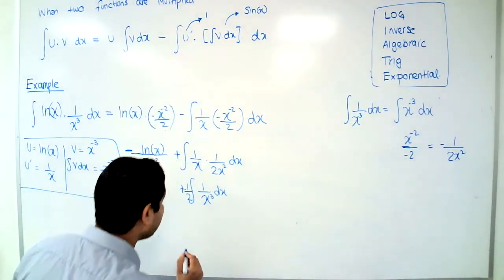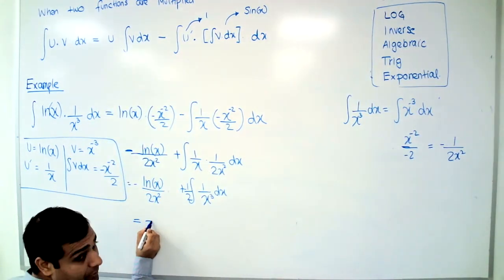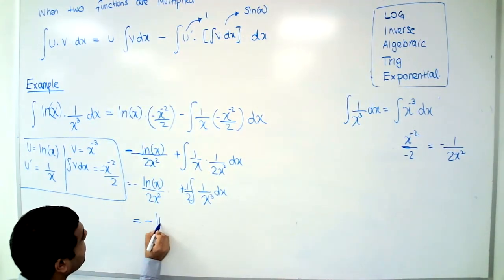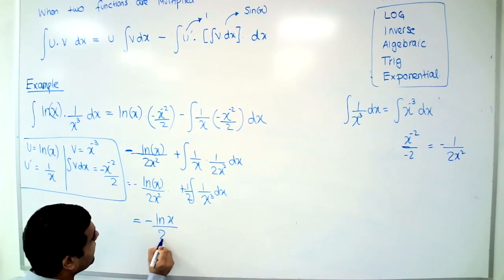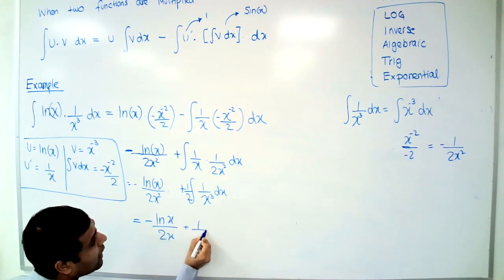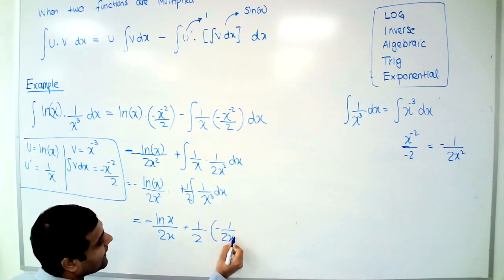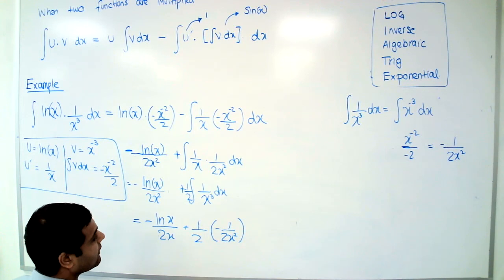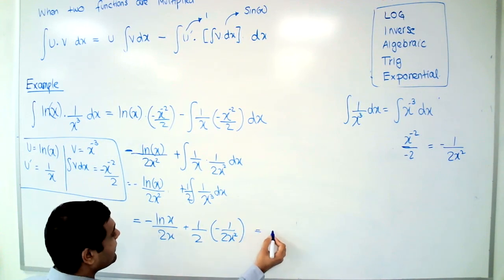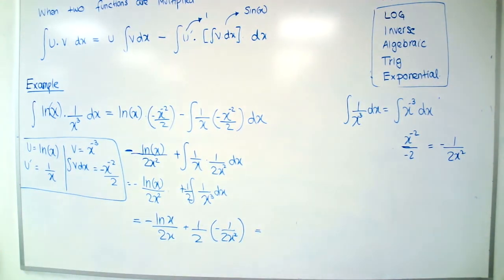Now I'm just going to put that here and we see what answer we get. Minus ln x over 2x squared, plus 1 over 2 times minus 1 over 2x squared. Now if you have a look, let me simplify first.